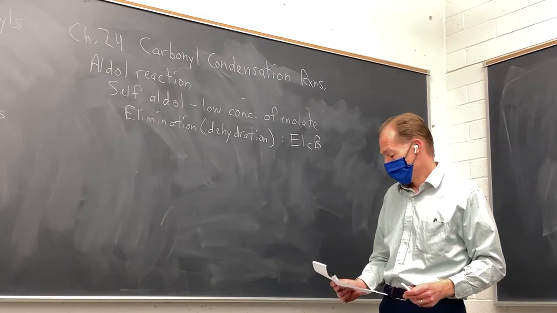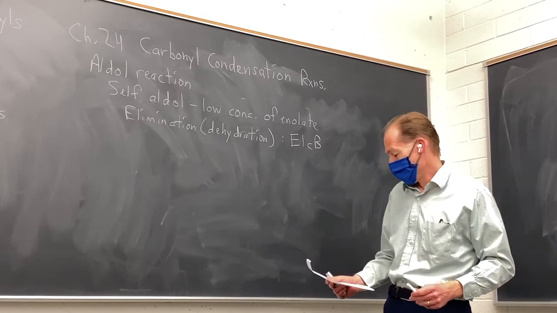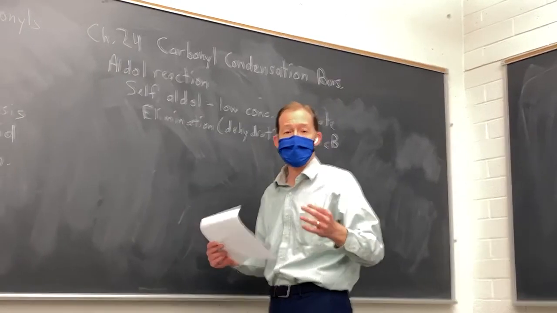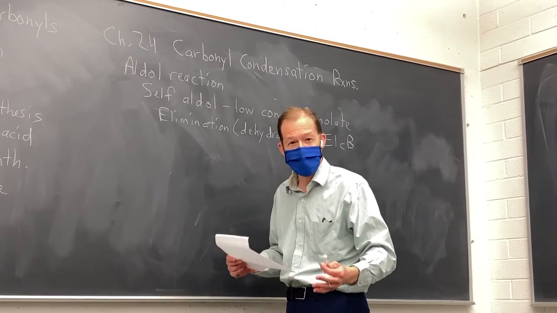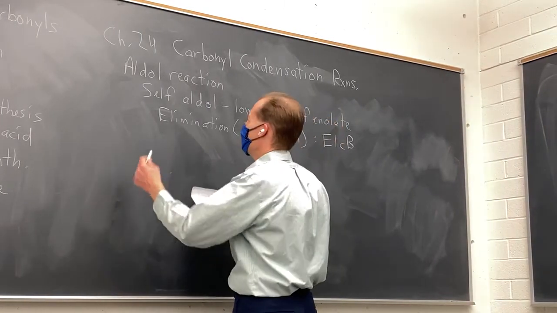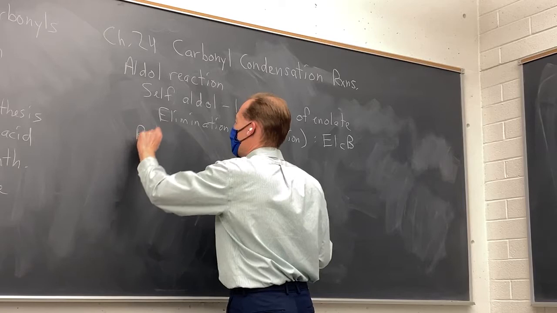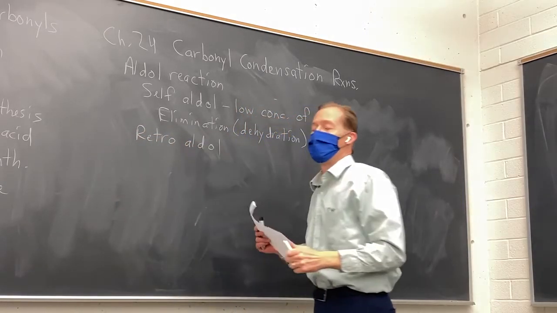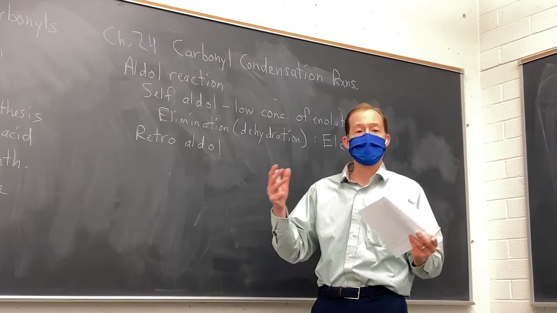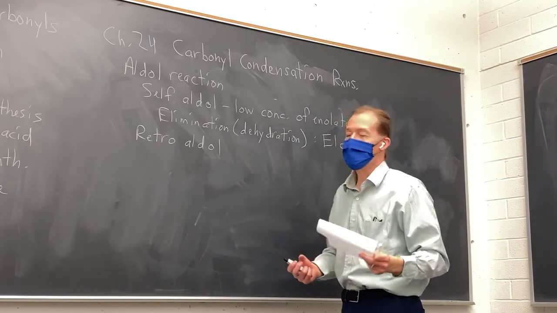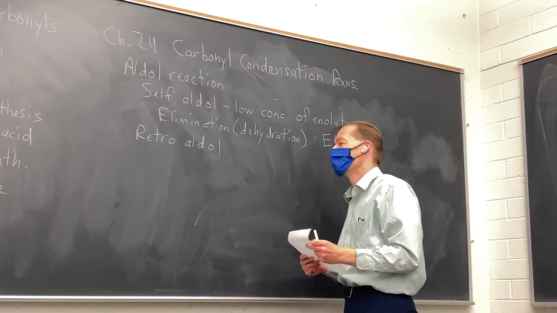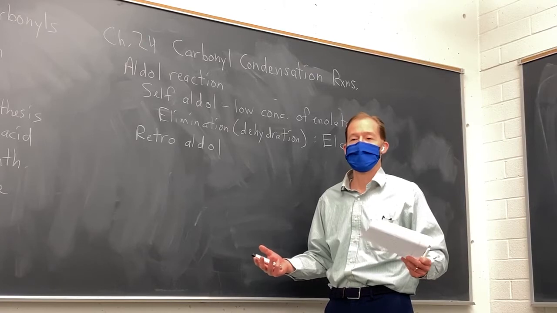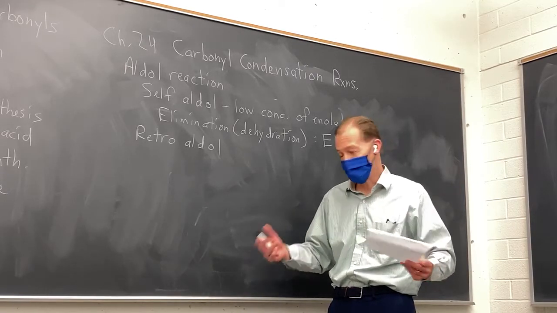And then we also learned, because the aldol reaction is reversible, if you don't have the dehydration step, without the dehydration being reversible, you can also have retroaldol reactions, where you can take a beta hydroxy carbonyl compound, treat it with base, and actually cleave a carbon-carbon bond, and that will give you back an aldehyde and or a ketone.